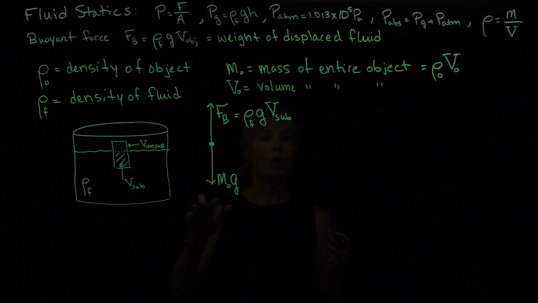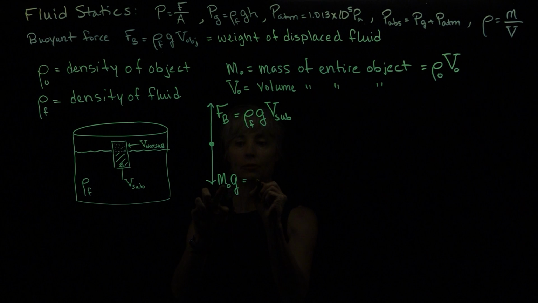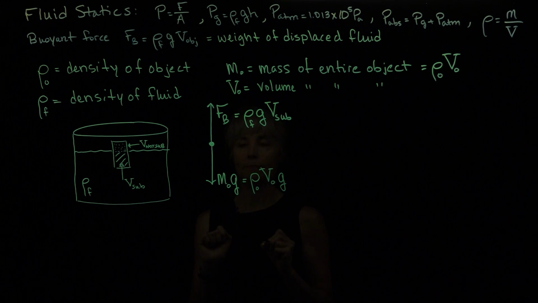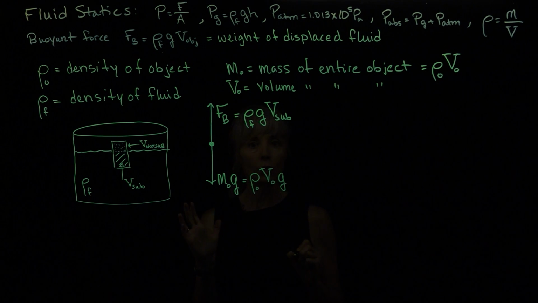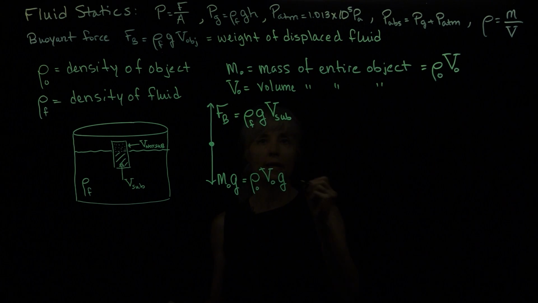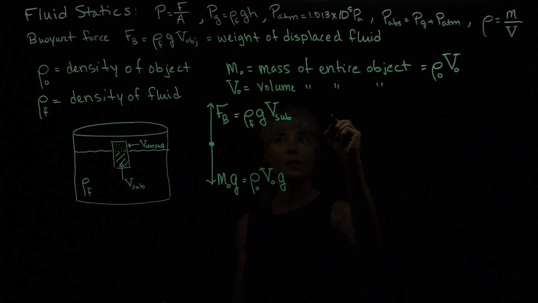All right, so I can write this then, re-expressing for mass, as the density of the object times the volume of the object times the acceleration due to Earth's gravity. Now this object is in static equilibrium. These are the only two forces acting on it. Therefore, they must be equal to one another for the object to be in static equilibrium. So I can set them equal to one another.